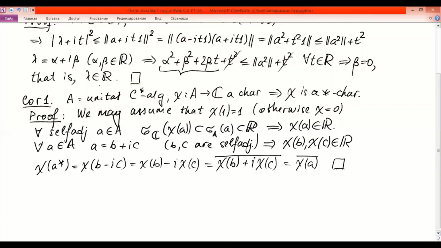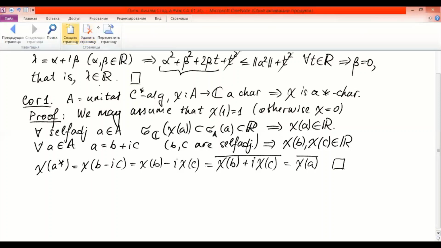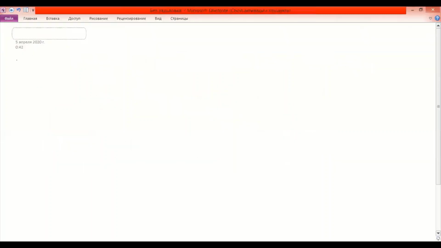The second corollary is about the spectral invariance. So let's recall the following definition.